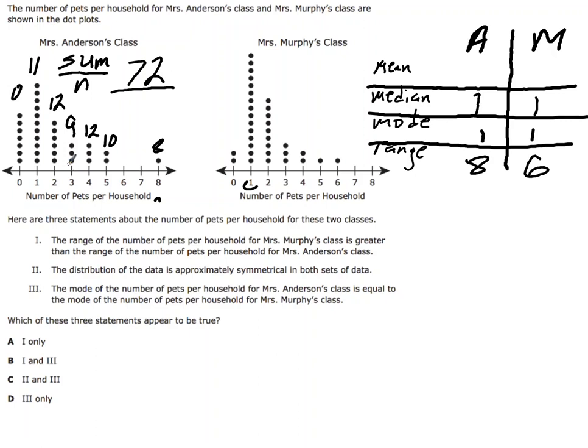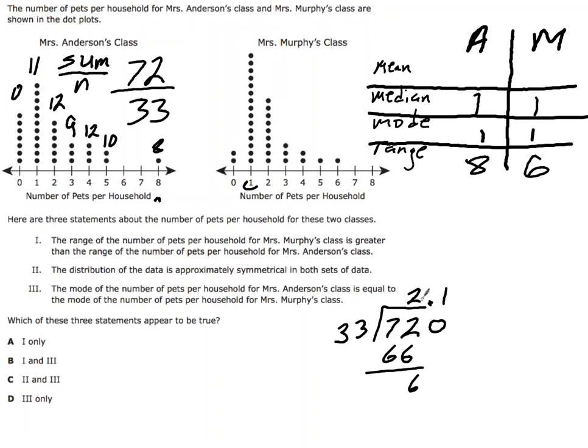That's 24, 27, 30, 32, 33. So 72 divided by 33 is 2.1, and there's some more, but it doesn't matter. We're going to round it to 2.